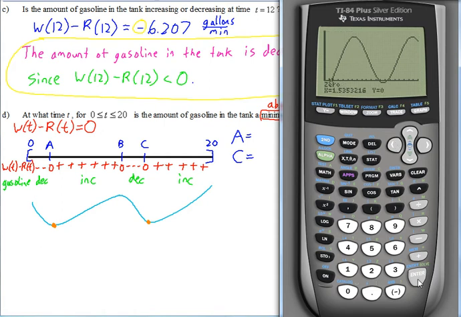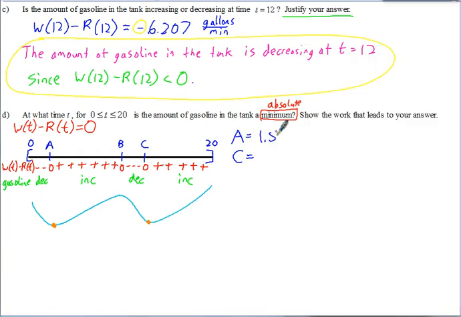So A is 1.5353216. As long as you're accurate to at least 3 decimal points, that's fine, but keep it as accurate as possible in your calculator to keep your final answer as accurate as possible, as long as you write it down at least to 3 decimal places.